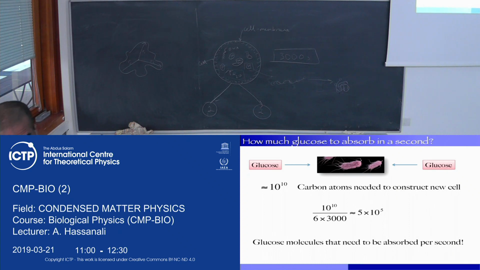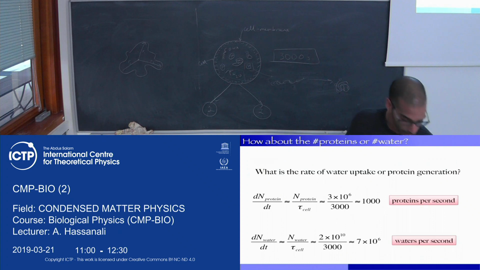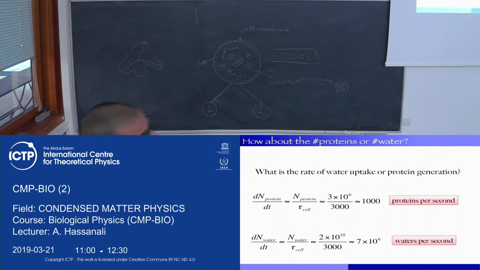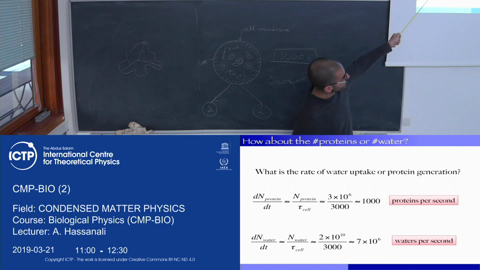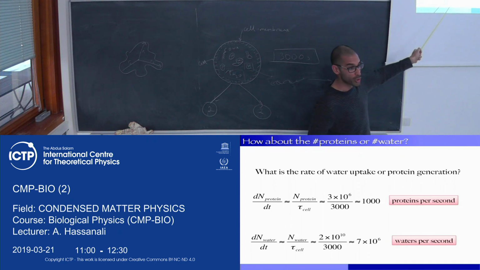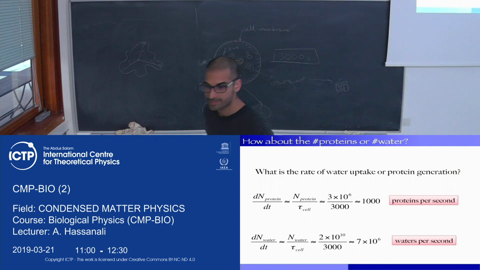That's, I mean, it's highly non-trivial. And okay, this factor of 6 comes because there are 6 carbon atoms in glucose. Now, Nishan already answered this for us at the beginning of the class. The number of proteins that I need to absorb to generate a new cell is 1,000 proteins per second, and 10 to the 6 water molecules per second.